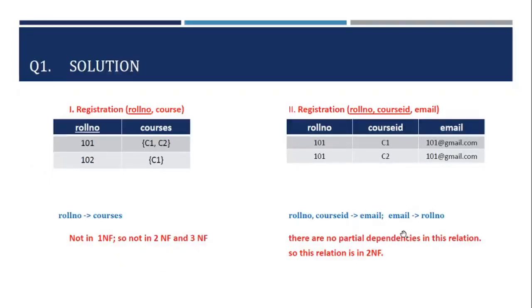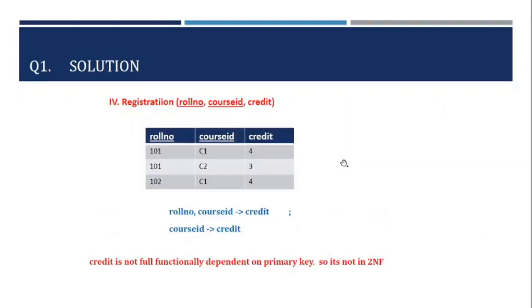So let us consider schema 4. Here the primary key is roll number and course ID, and we have the third field, credit, and these are the functional dependencies present in the schema. Roll number, course ID determines credit, and course ID determines credit.